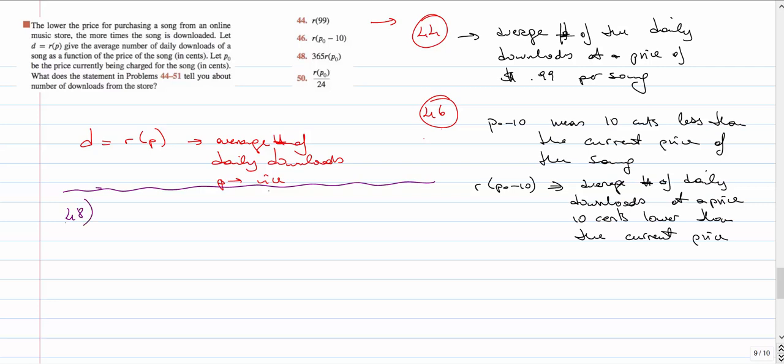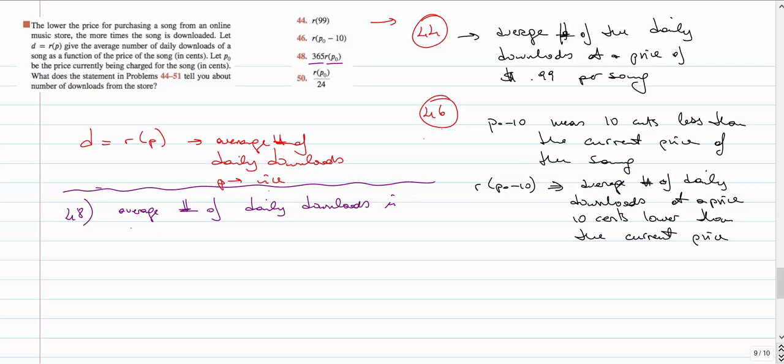48. There are 365 days in a year, so 48 is the average number of daily downloads, because this also gives you daily multiplied by 365 in a year.